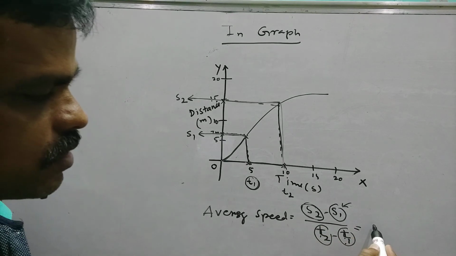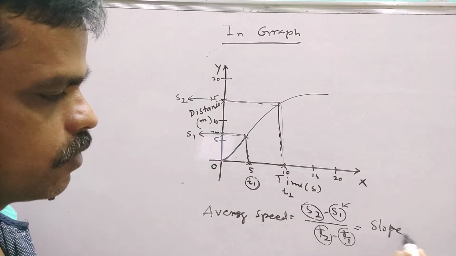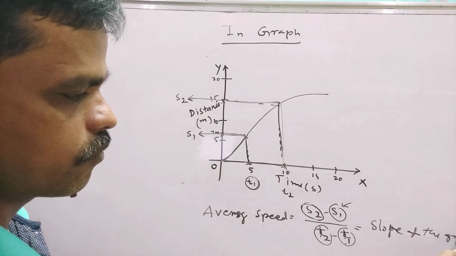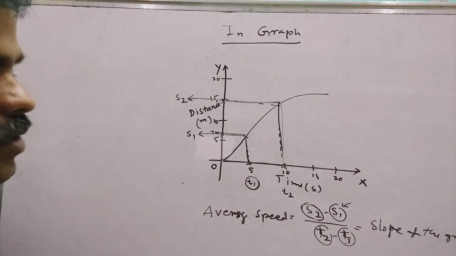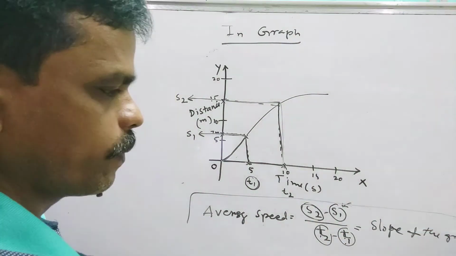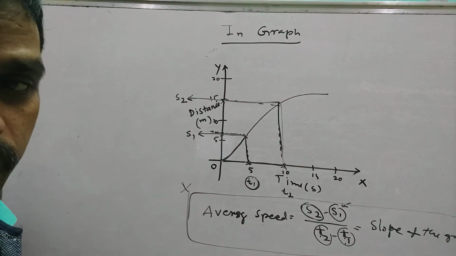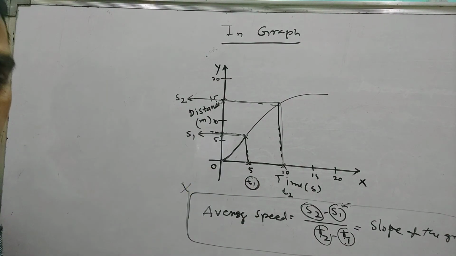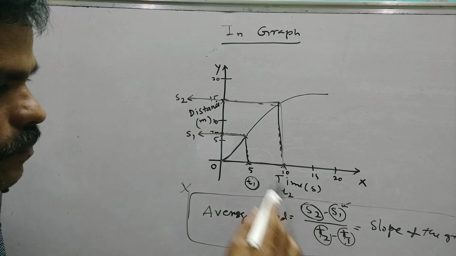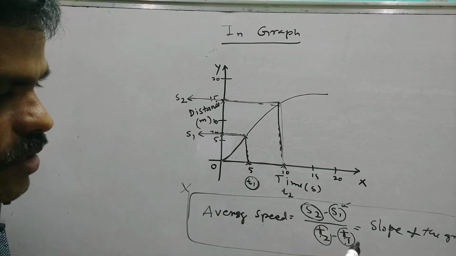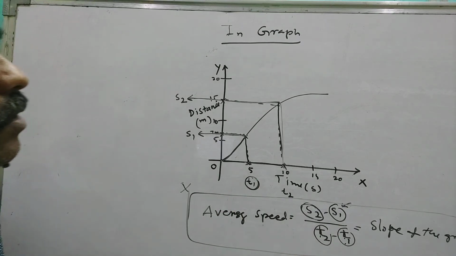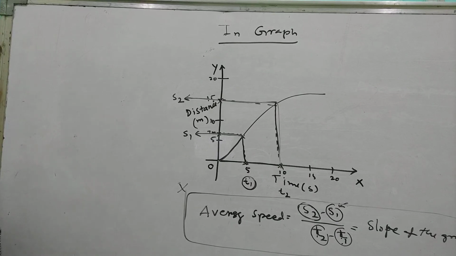This is nothing but the slope of the graph. This is the formula we are using in calculating average speed in the graph. This is a simple method.